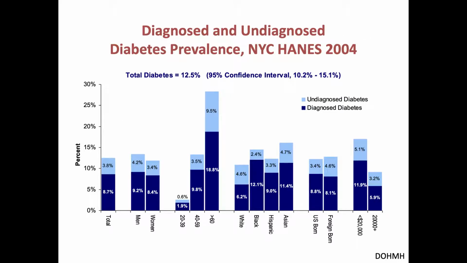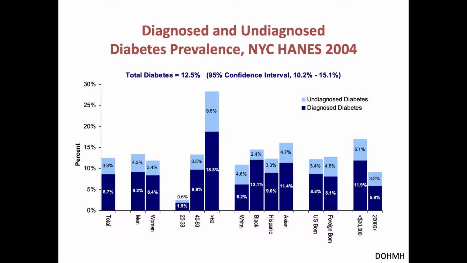Here is an example of New York City NHANES data from 2004 looking at diabetes prevalence, diagnosed and undiagnosed groups. Like I said before, this type of survey really helps us get at this undiagnosed diabetes group, and that's something that the Community Health Survey cannot do.